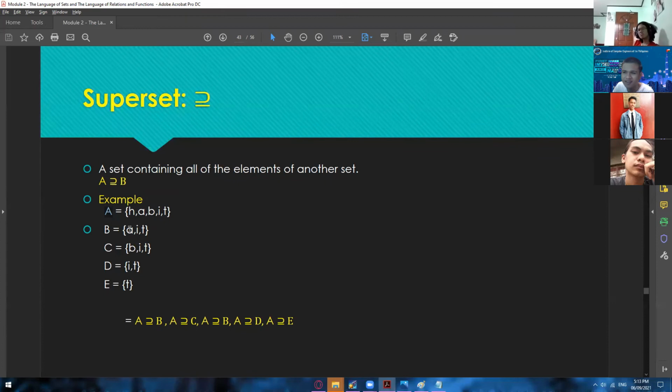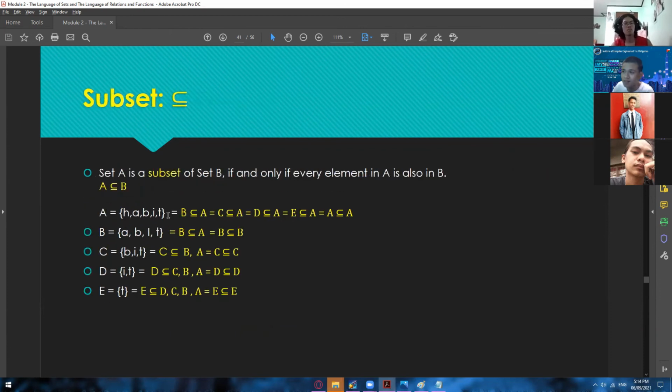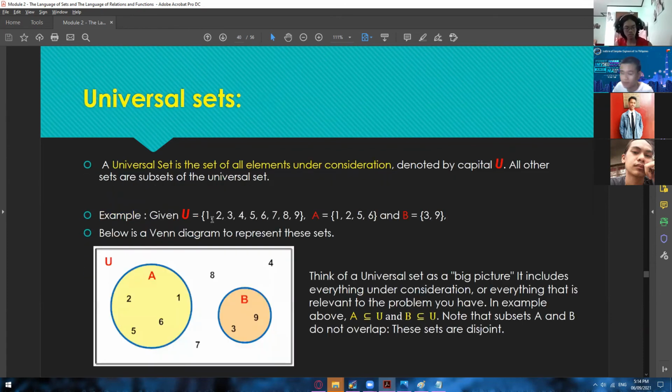So I don't think we can compare those two, since both of them are two different representations or topics. Well, we can compare subset and proper subset, and the same with superset, we can compare those three. But universal set is just a representation of a bigger picture of something.